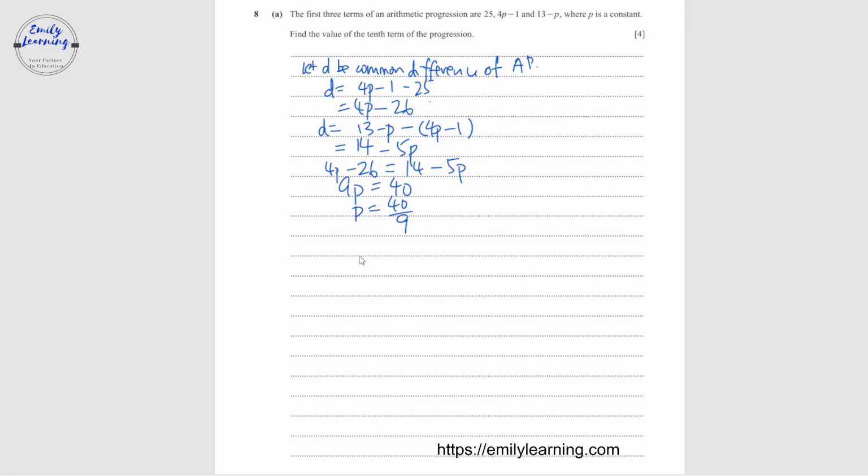So the common difference D is equal to 4 times 40 over 9 minus 26, which will give me minus 8 and 2 over 9.